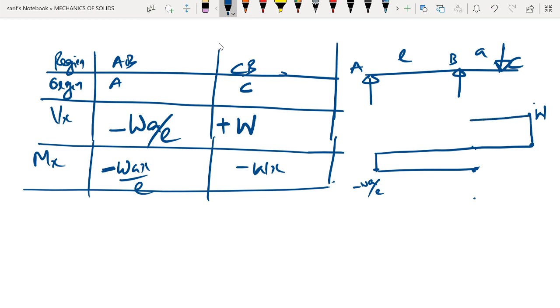All we have to do is join them like this. So this will be the shear force diagram.